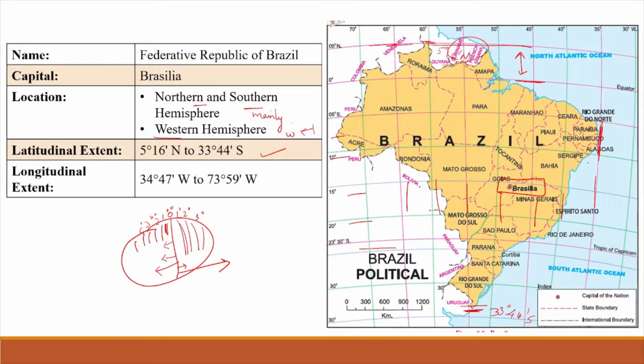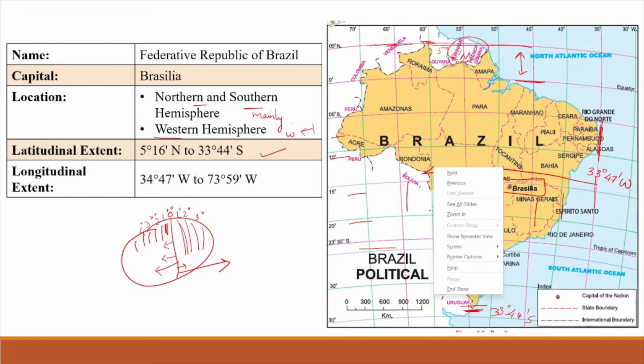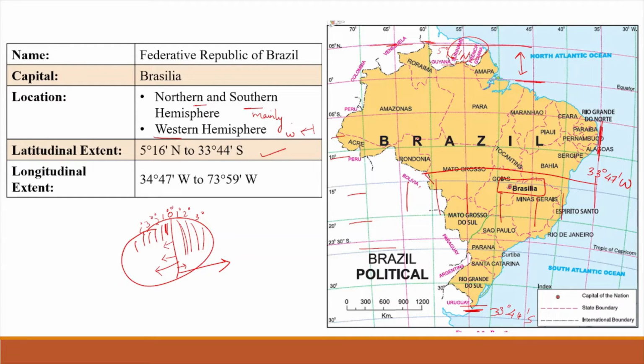So now if you see the eastern part of Brazil over here, this is 33 degrees 47 minutes west. Moving towards the west, the westernmost point is 73 degrees 59 minutes west.